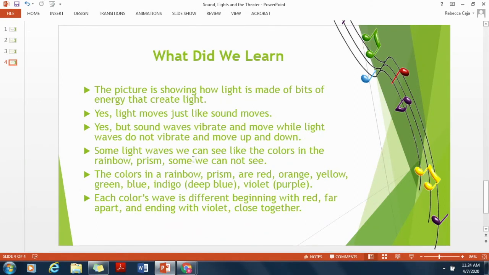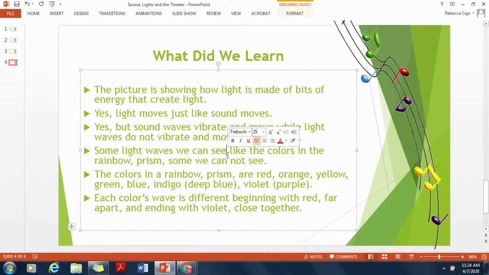We learned that some waves can be seen, like colors in the rainbow, in the prism. In the prism, that language wasn't in our story, but we said it just briefly when we were talking about the rainbow. And a prism is actually a way that we can see all the different colors within the rainbow.